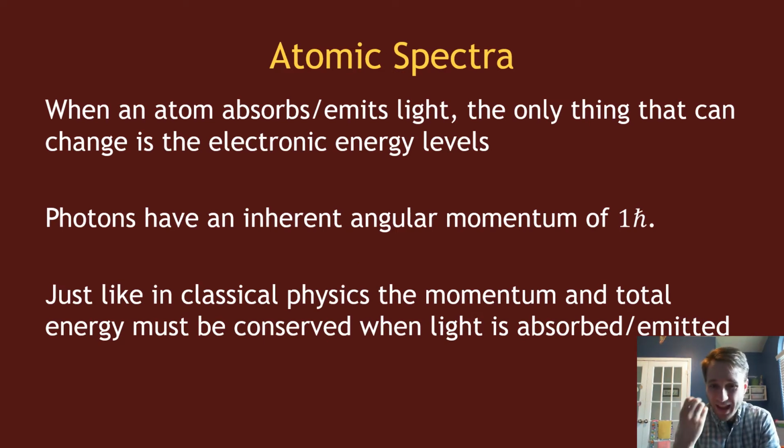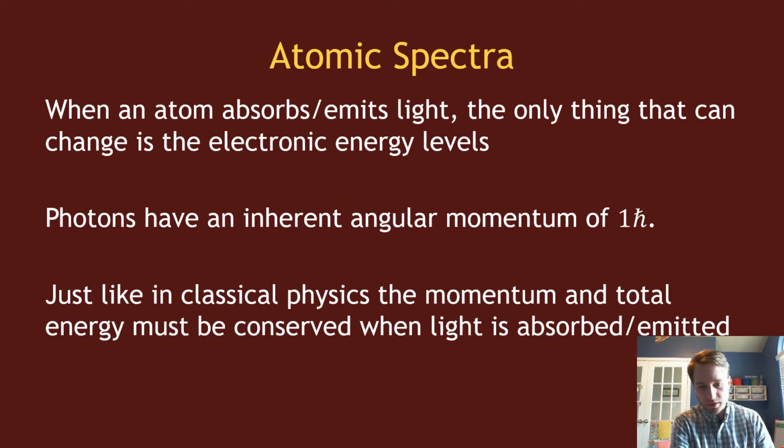we're considering here an atom absorbing or emitting light. That is going to cause a change in electronic energy level. Through that absorption event, we know energy has to be conserved.